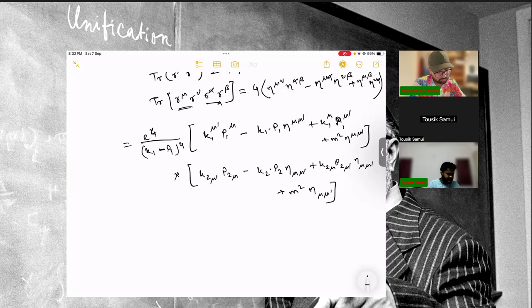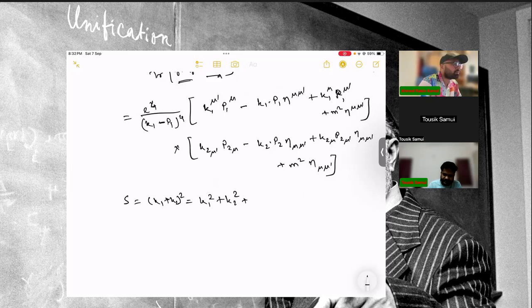So let me give you the final result for this calculation, at least for which I have defined: K1 plus K2 whole squared is nothing but K1 squared plus K2 squared, so K's are the momentum of the electrons, plus 2 K1 dot K2. So it will be in terms of K1 dot K2, K2 dot K1 dot P1, so all sorts of dot products that will appear.